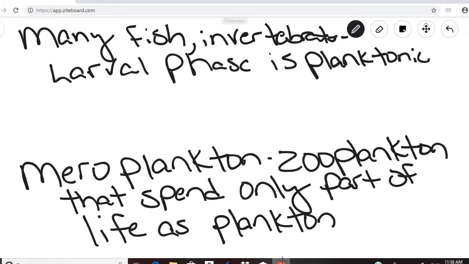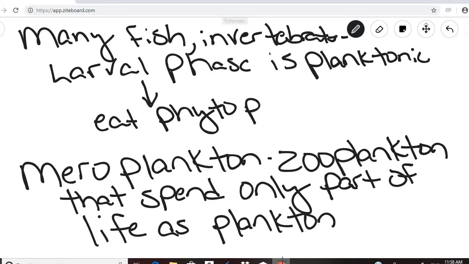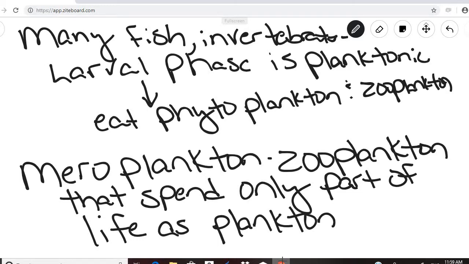And when they are in this phase, they eat phytoplankton and zooplankton. But then when they become adults, they are no longer in the planktonic phase. Okay, so meroplankton are those that spend part of their lives as plankton, and the rest of their lives, they are not plankton.